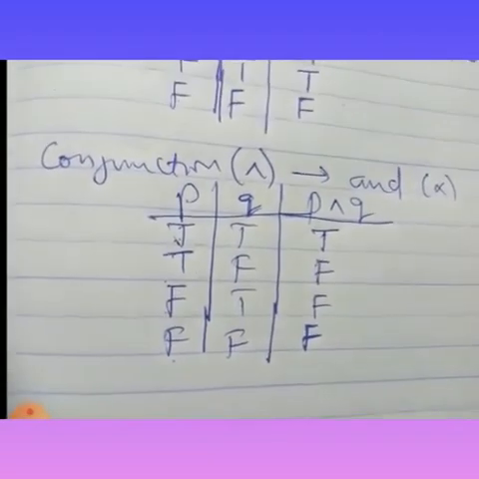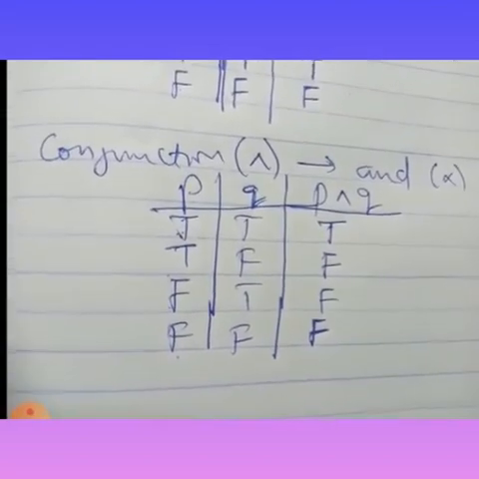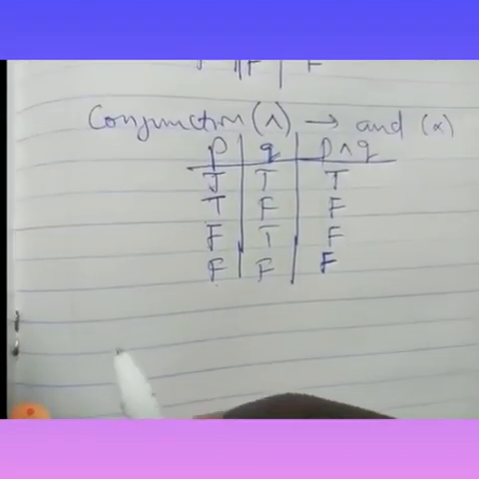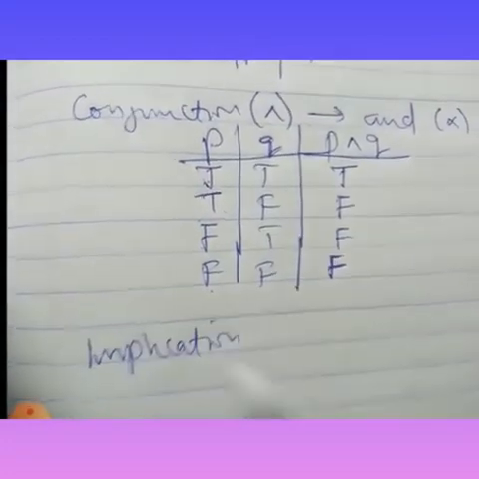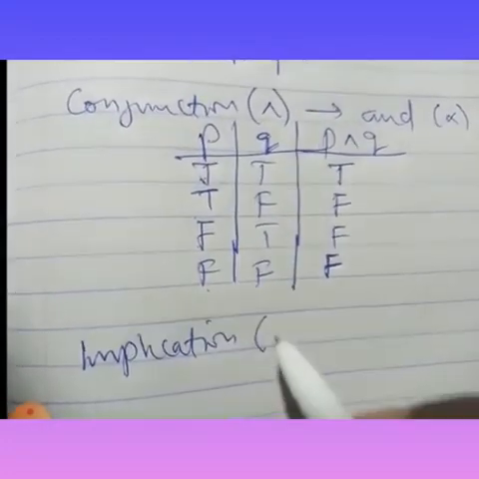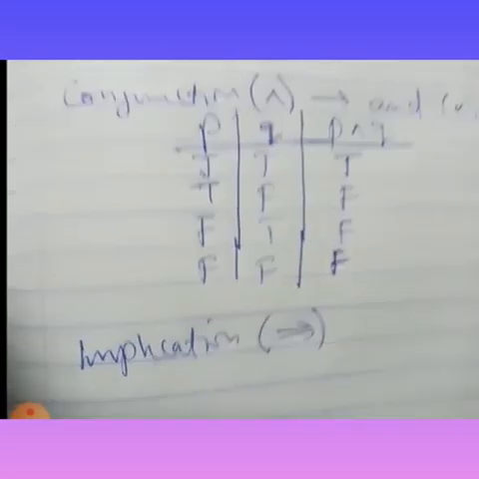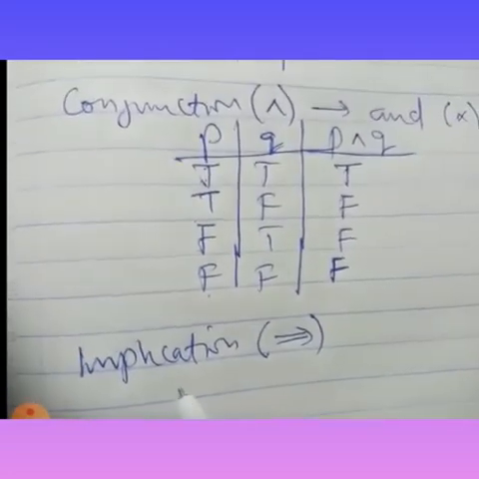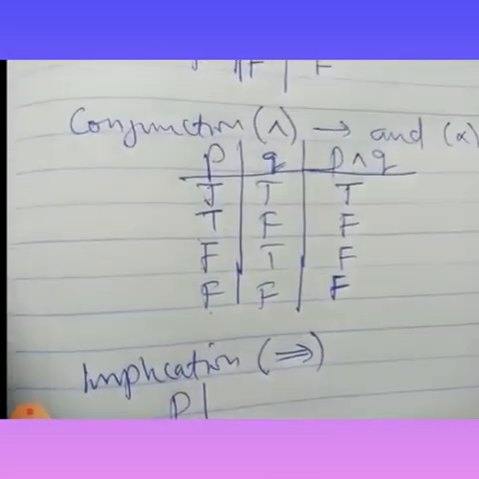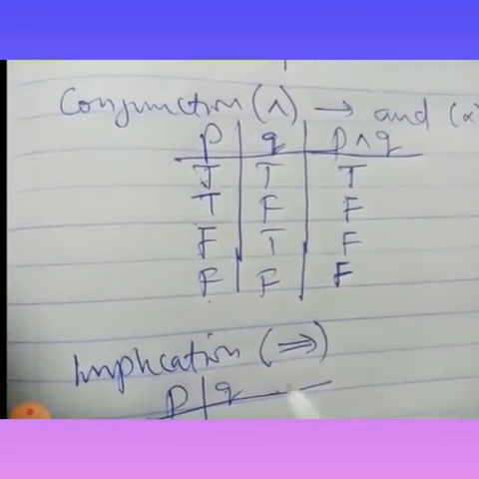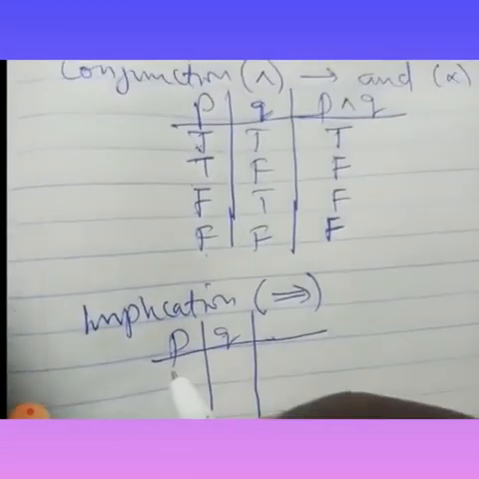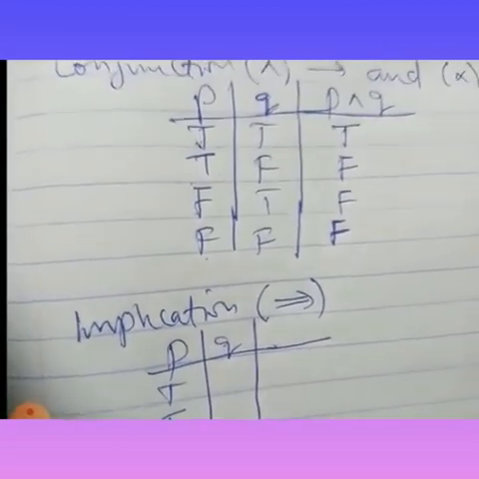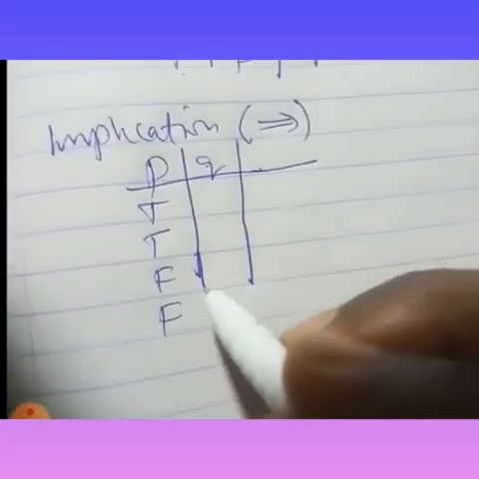Now the next is implication. Implication, implies. So we still have two statements, P and Q. So we have the options true, true, false, false.